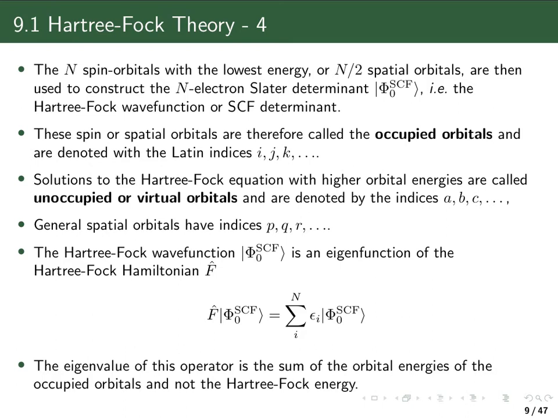And if we remember that each spin orbital is an eigenfunction of one of these one-electron Fock operators, then it should be easy to understand that the product of spin orbitals is going to be an eigenfunction of the sum of the Fock operators. And so it is. The eigenvalues are then the sum of the orbital energies, which means the eigenvalue is not the Hartree-Fock energy, but just the sum of the orbital energies.